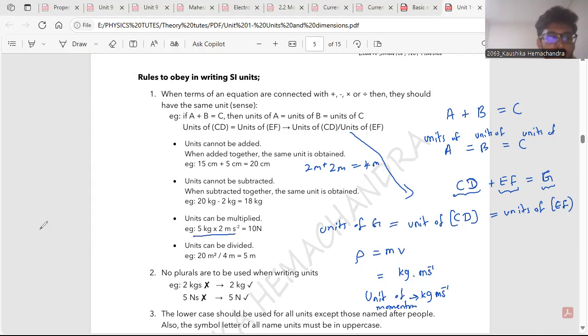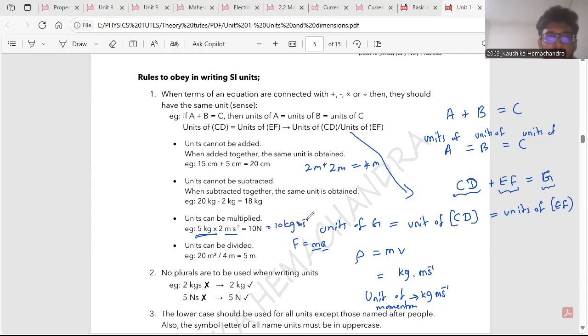Similarly, you know F equals ma, right? Force is equal to mass into acceleration, Newton's second law. Mass is in kilograms and acceleration is m s to the power minus 2. So force is in newtons, right? So newton means kg m s minus 2.